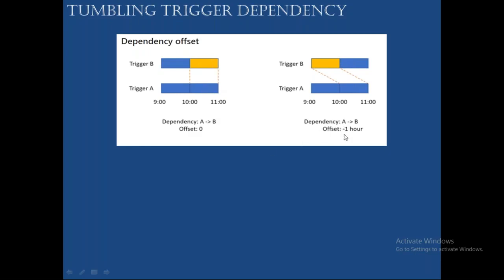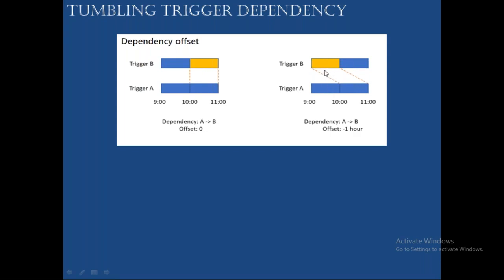But when I take offset equal to -1, it is something like this. If this window is successfully executed, here it is not going to execute, because this is dependent on the previous window of pipeline 1. So -1 means this window is not directly related to this window.